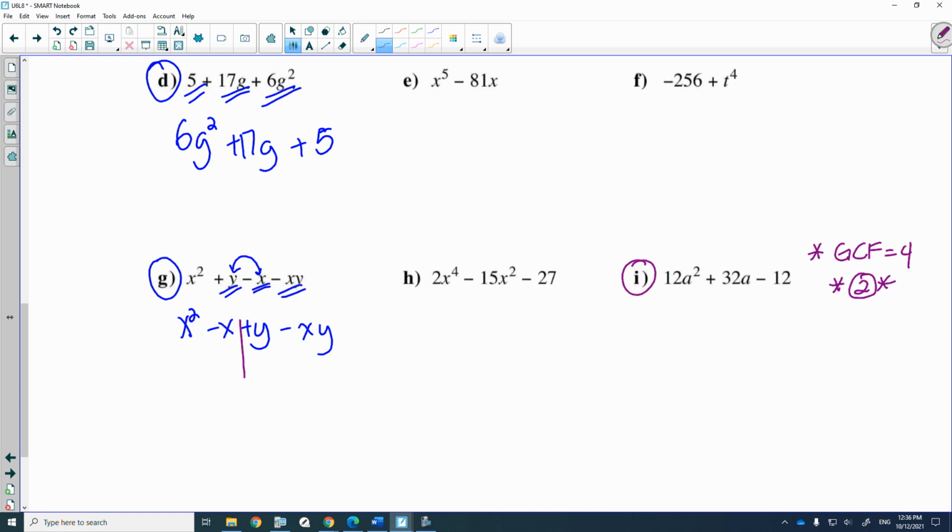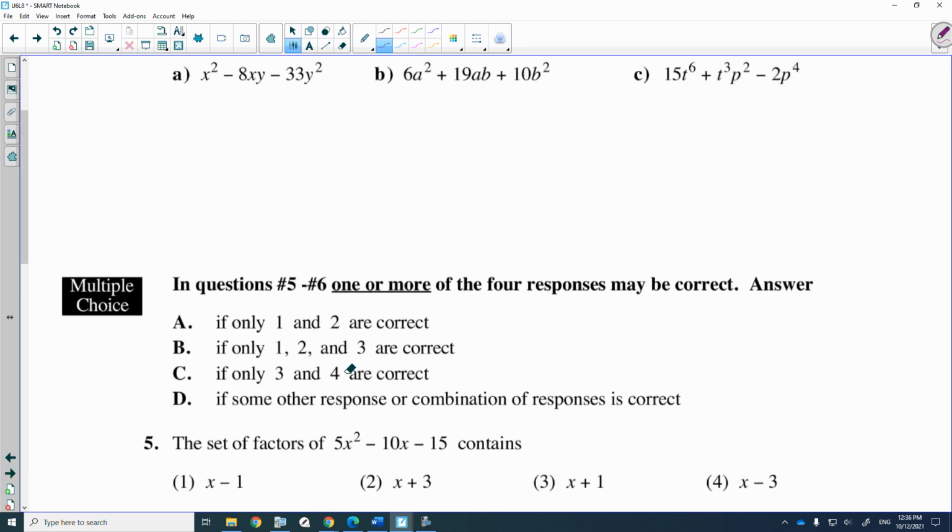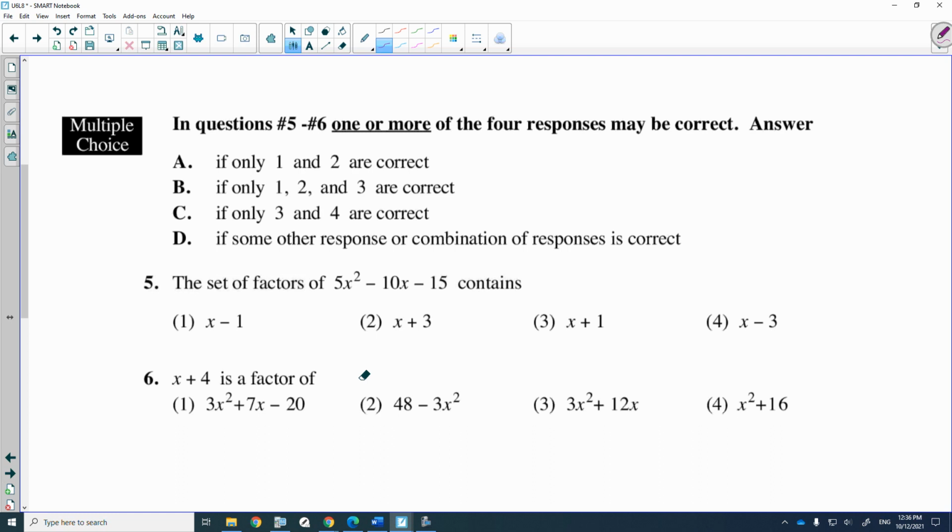And then just let me look at the last, number 5 is good. What would you guys think for this one? PSA 1, PSA 2, GCF, what would you do here?